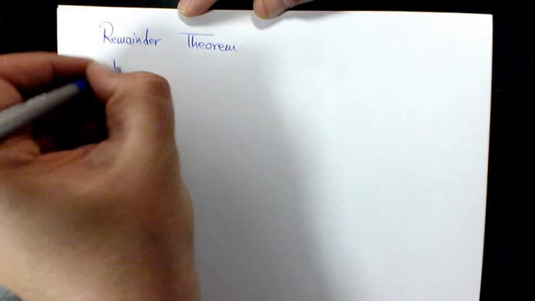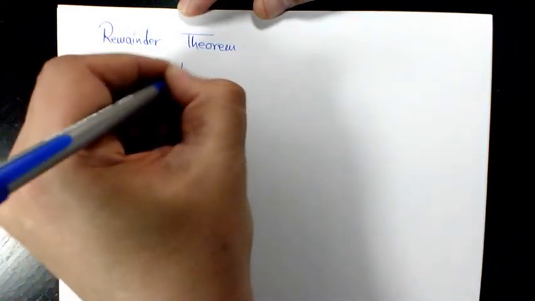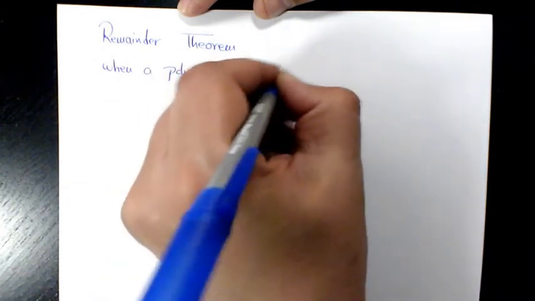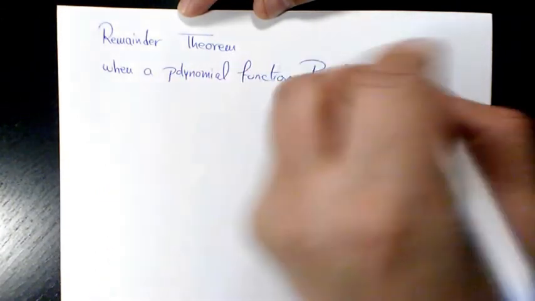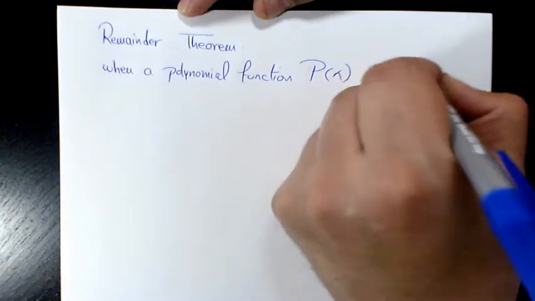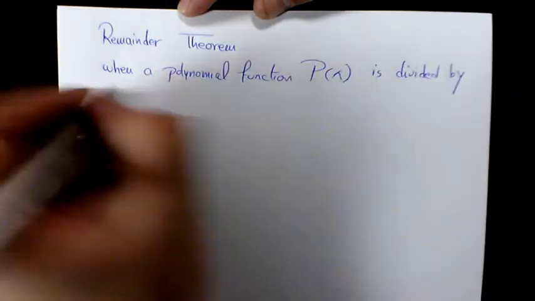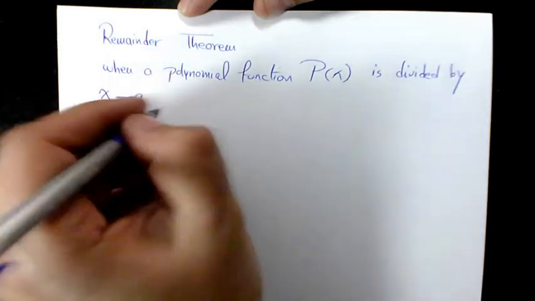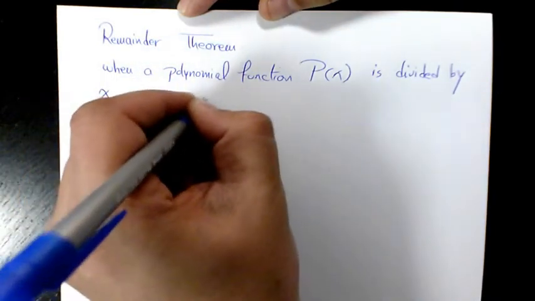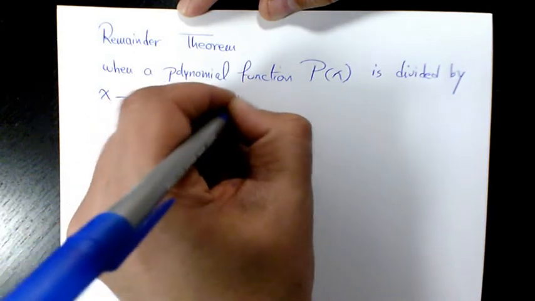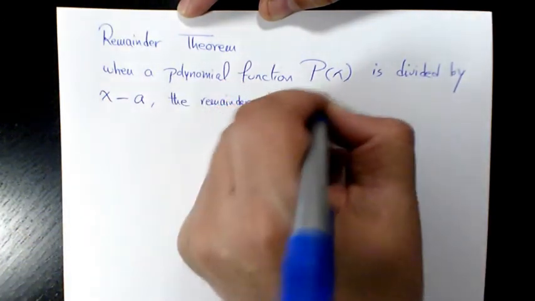So now let's see what the remainder theorem is. The remainder theorem says when a polynomial function, let's call it p of x, is divided by x subtract a, the remainder is p of a.